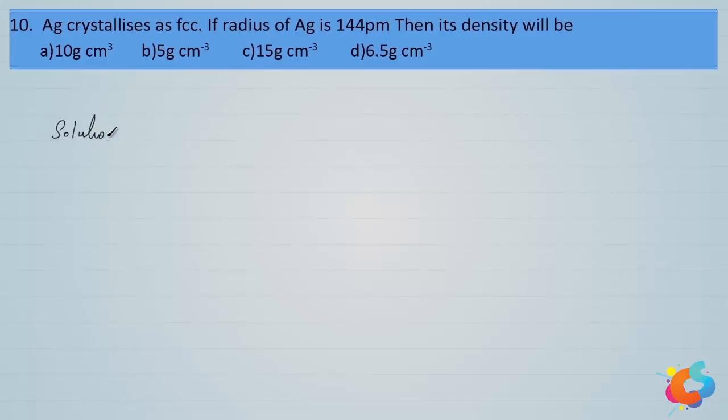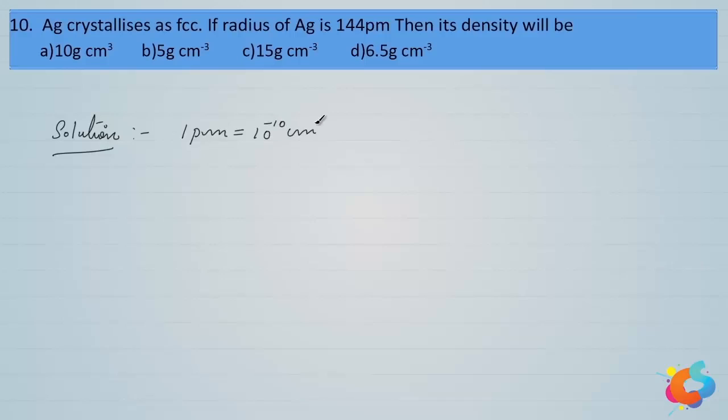The solution is, firstly, let us convert the radius unit picometer into centimeter by using the conversion factor 1 picometer is equal to 10 to the power minus 10 centimeter.